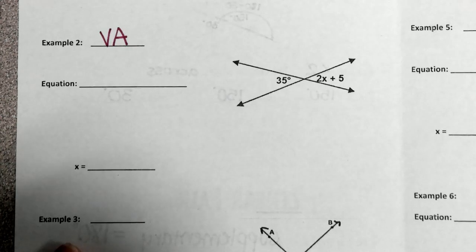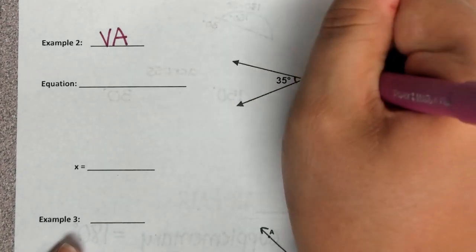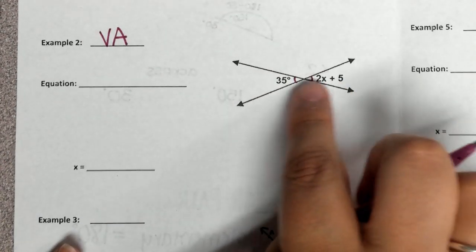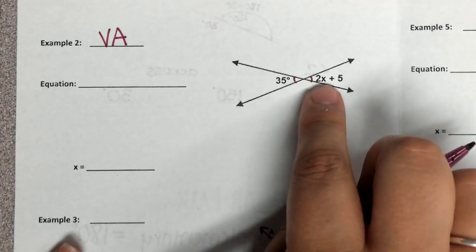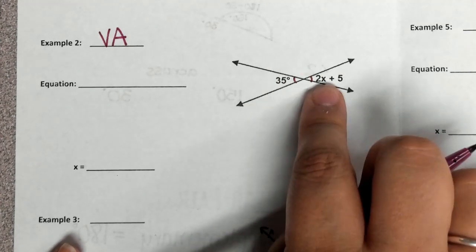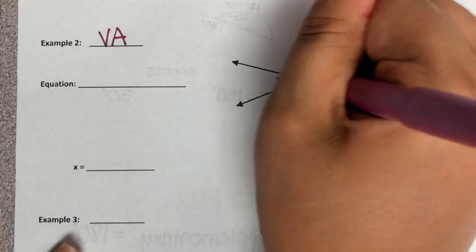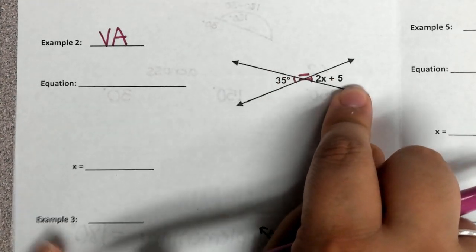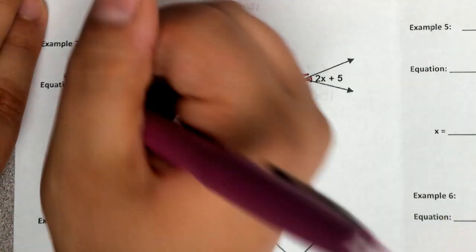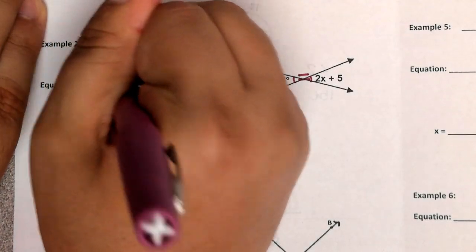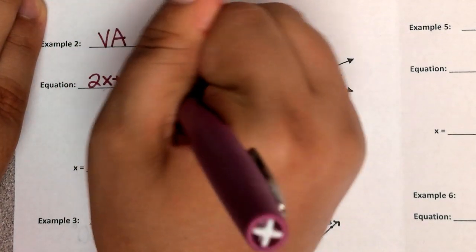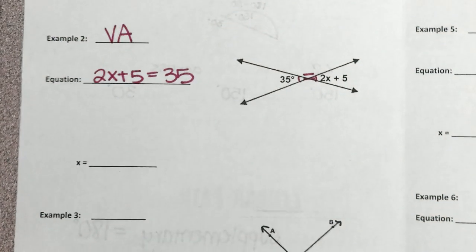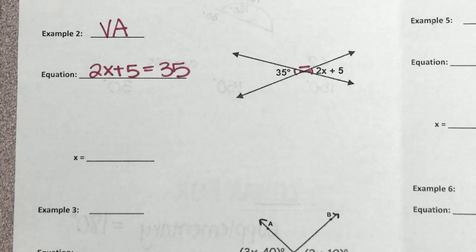Vertical angles, which means they are the same. If this is 35, they are equal, y'all. If this is 35, what's this? So what's my equation going to be? Write that down, please: 2x plus 5 equals 35.